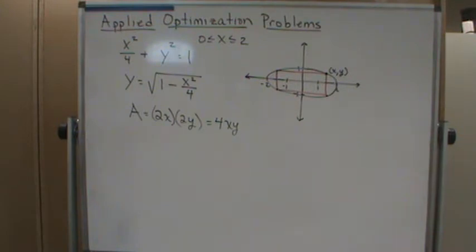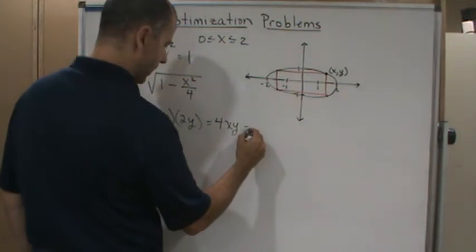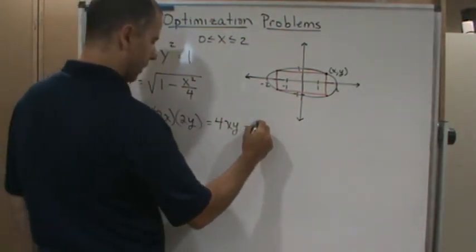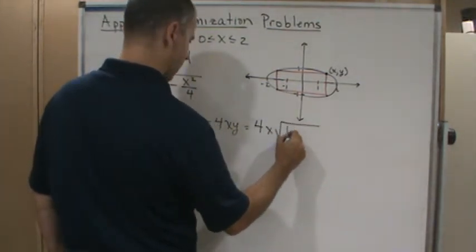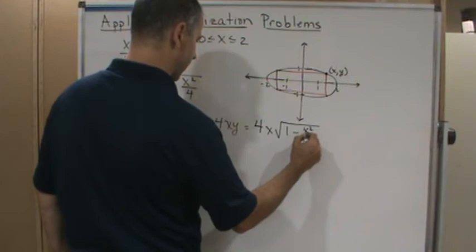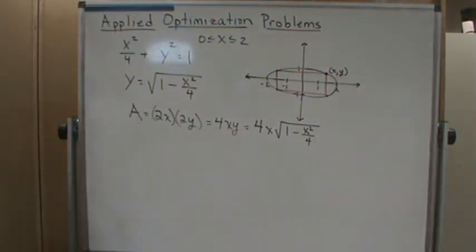Now we're going to substitute, because now that we know y is equal to this, our area formula becomes 4x times the square root of 1 minus x squared over 4. So now we've got our domain.